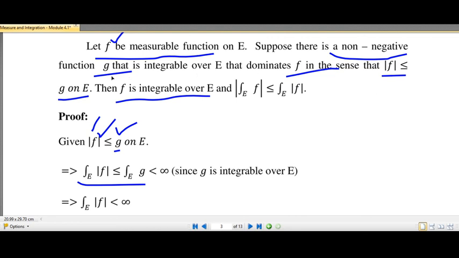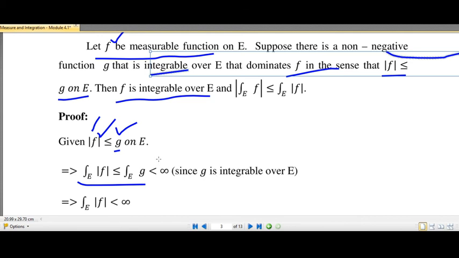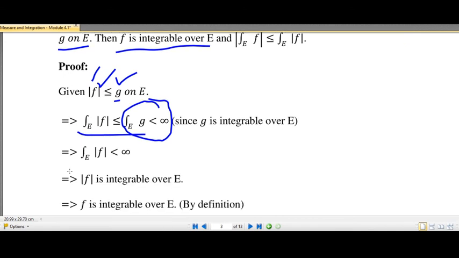Therefore, the integral of g over E is finite. Therefore, we get that the integral of modulus of f over E is also finite.